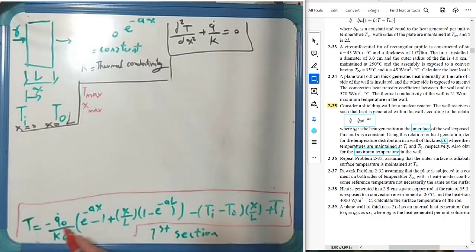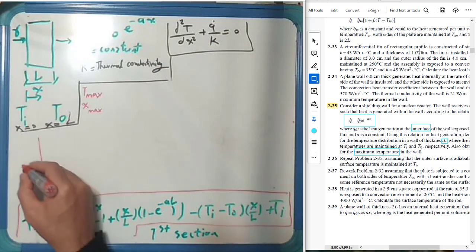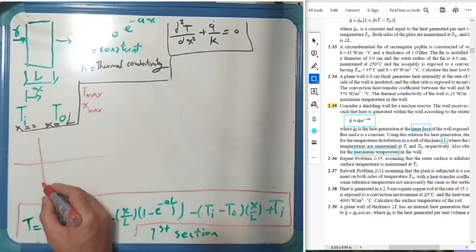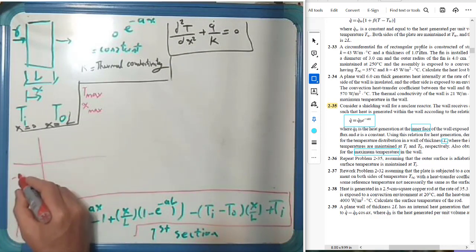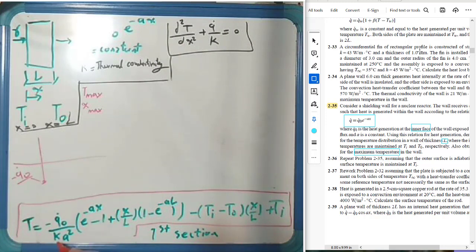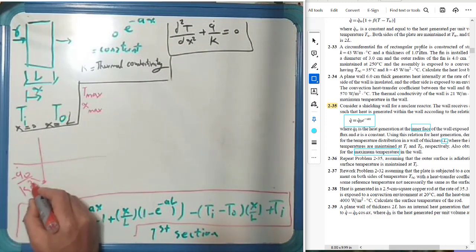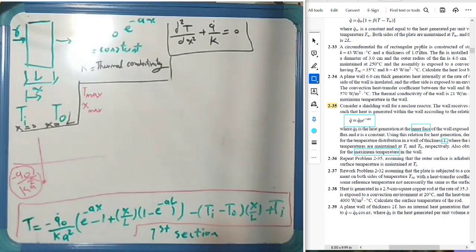These relationships have a diagram like that. For example, here is minus Q dot O over Ka square. This relationship, this is this point.